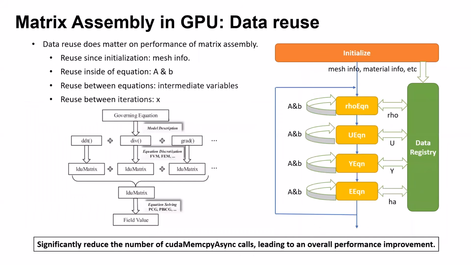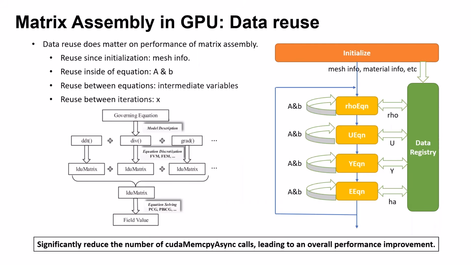The third thing we do is data reuse. We introduced the data registry, and we found it does matter for the performance of matrix assembly. For the mesh information and some static information, we reuse it since initialization.